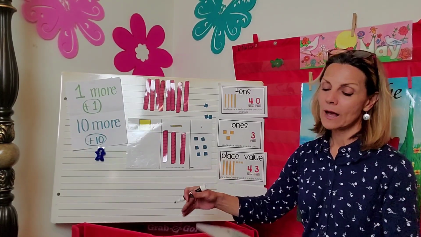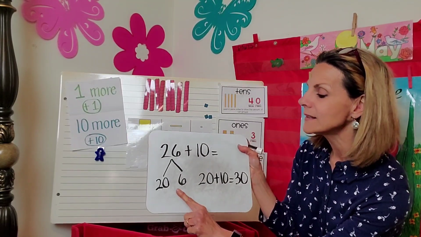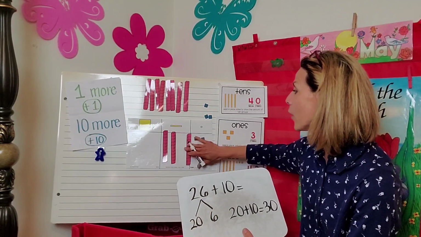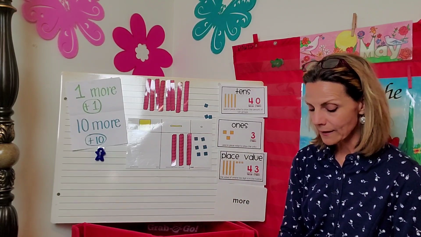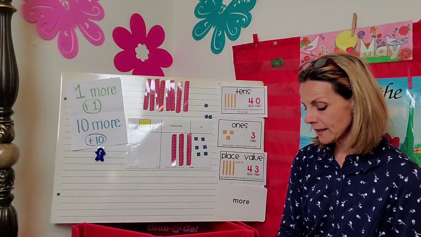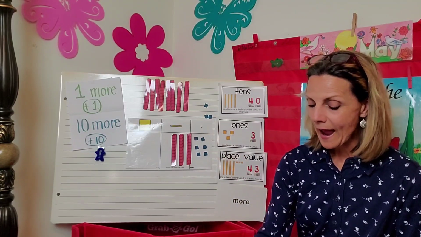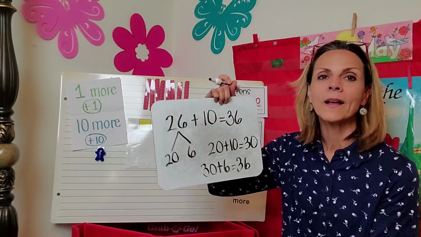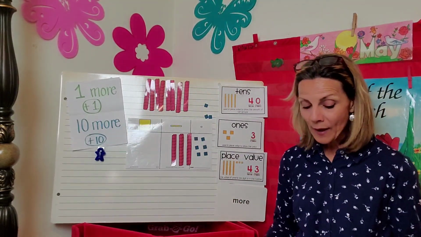Now, I've pulled apart my tens, added those together, and now I have to add my tens and ones to get my whole number. So let's put 30 plus 6, which is 36, and now 26 plus 10 more becomes 36. Amazing.